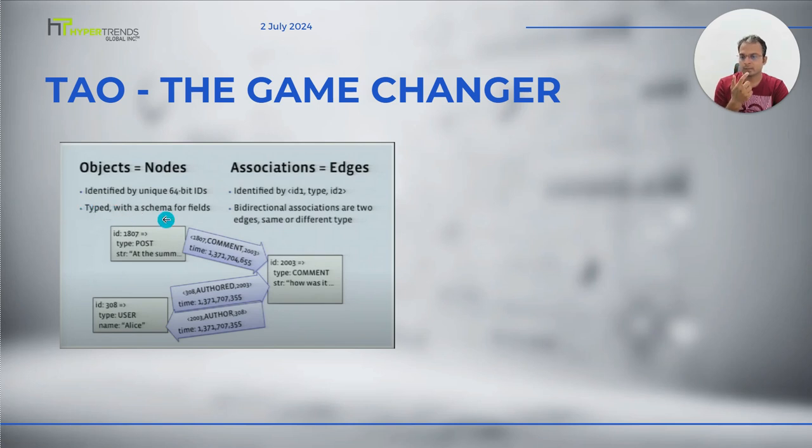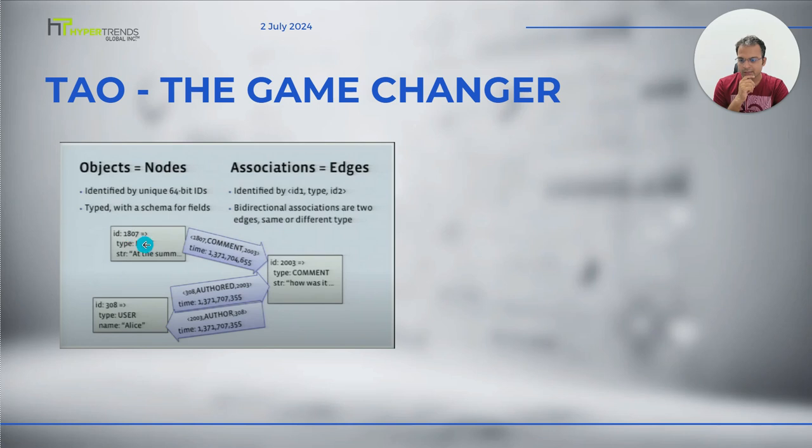Then the type of the object, and then the actual object, and then associations are identified by this pattern, right? The braces are there, then id1, the type, and id2. So this is the identity of the association, right? So let's say this user has commented on this, right?